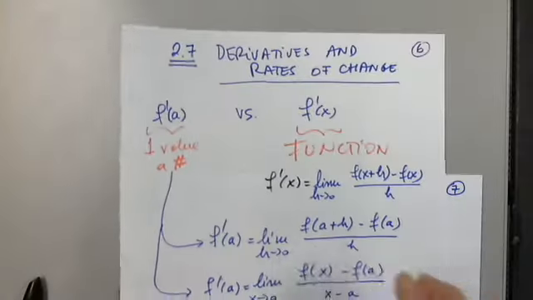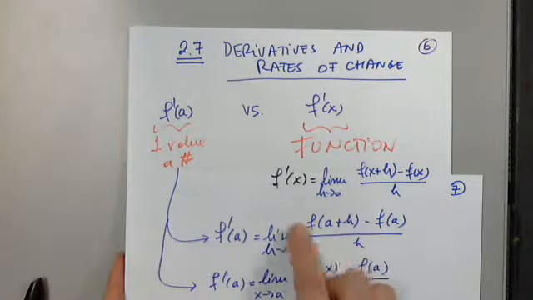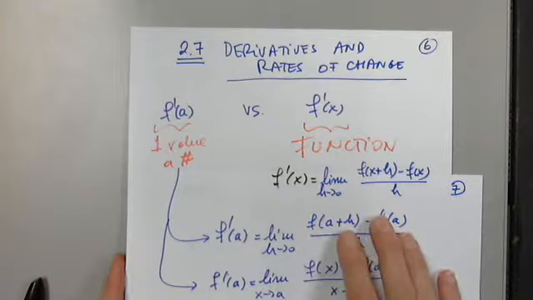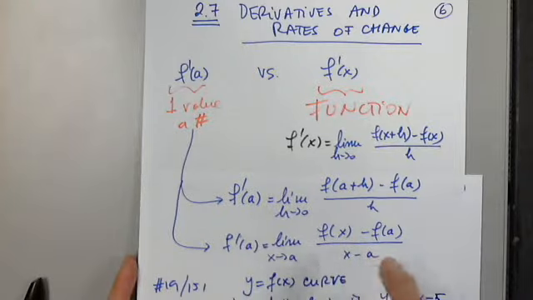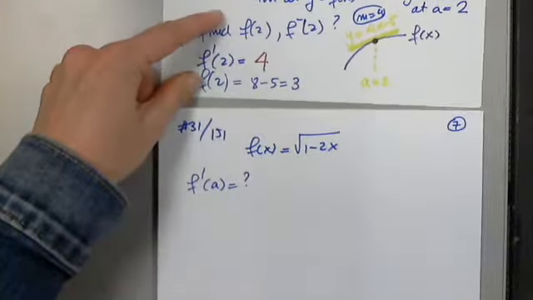Since we've been using the limit of the difference quotient for a while, let's this time try this one and see what happens. Okay, f of x minus f of a over x minus a when x approaches a. Good.